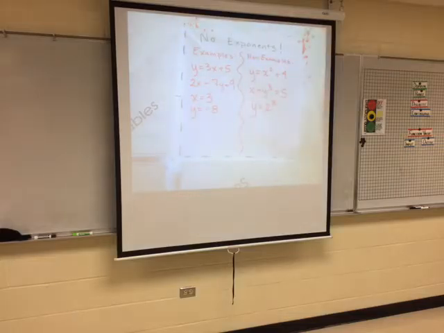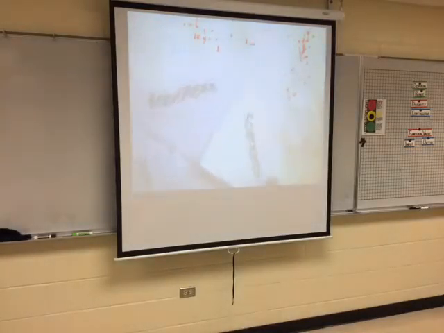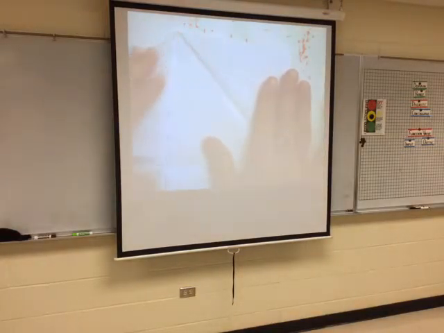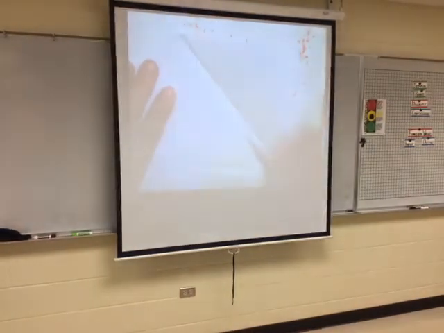Scenarios, yes, that's going to be our last one. All right, last window in our foldable, the scenarios. So what we need for a scenario to be linear is the units in my scenario all have to be to the first power.